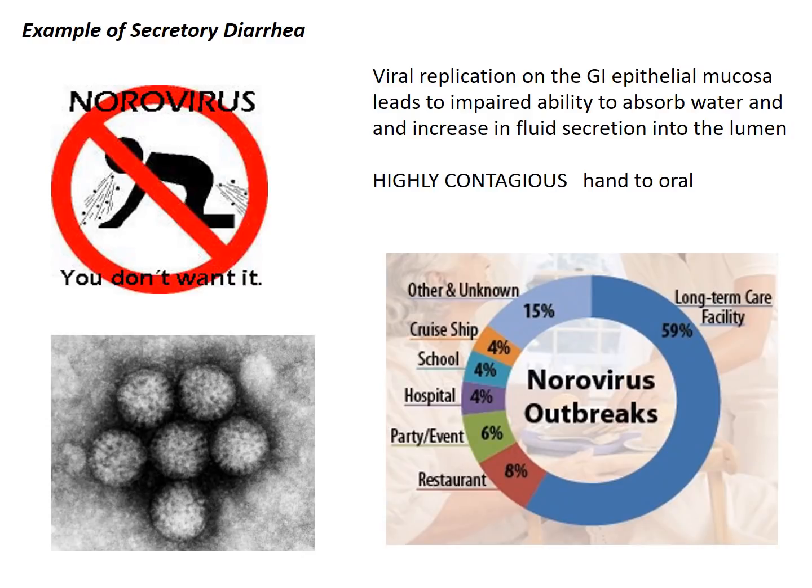Norovirus is another example of secretory diarrhea. The virus is replicating on the GI mucosa, leading to impaired ability to absorb water. All that fluid gets secreted into the lumen, into the GI tract, and individuals, again, will develop that watery, mucousy diarrhea, often with abdominal pain, cramping, and fever.